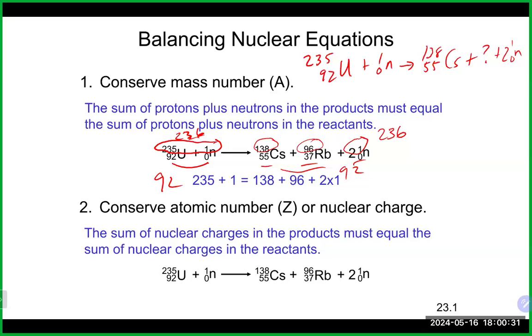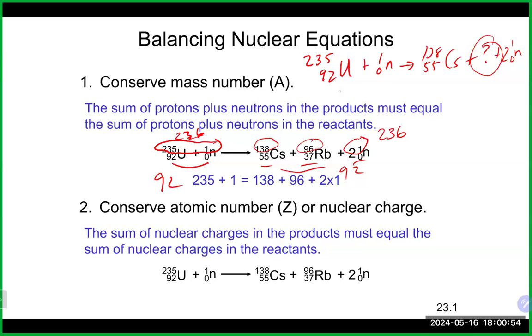So if you have this situation where you're trying to find what is missing, the most important number to figure out first would be the atomic number, right? Because if I know the missing atomic number, I could go to my periodic table, which is your friend when you're doing these type of things, and then you could figure out what element's missing.